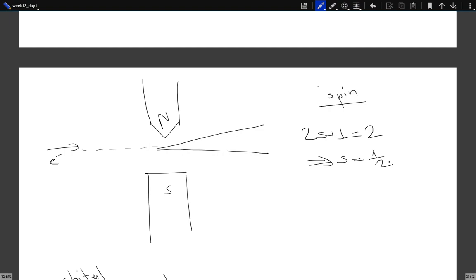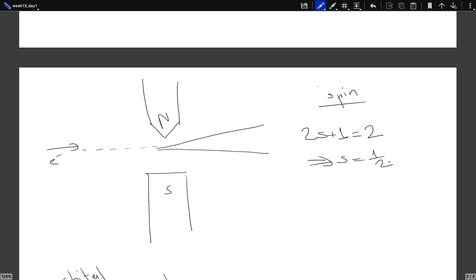You see, if the electron itself has some kind of a magnetic dipole moment, classically what you would expect, well, it's a vector quantity, so it should be oriented in whichever direction. So it will be oriented randomly. So there will be electrons with magnetic dipole moments in arbitrary directions. And depending on their orientation, some of them will deflect more, some of them will deflect less, some of them even less.